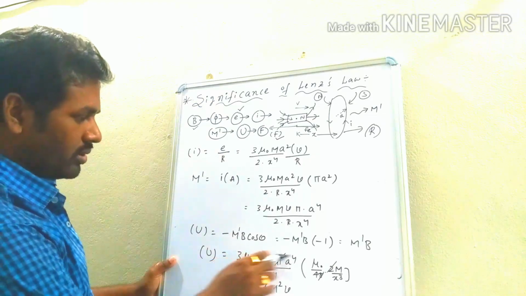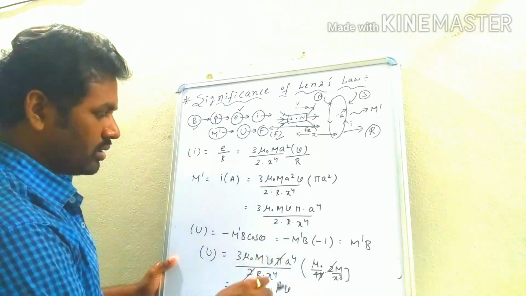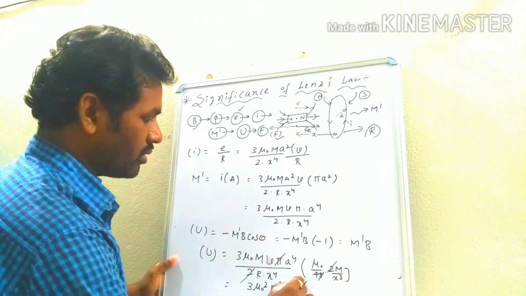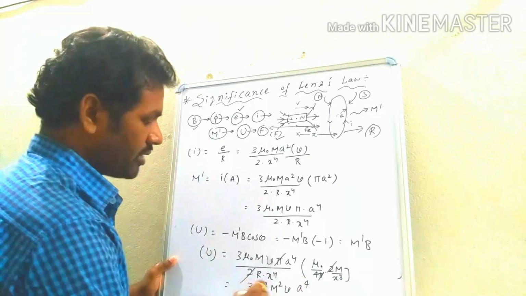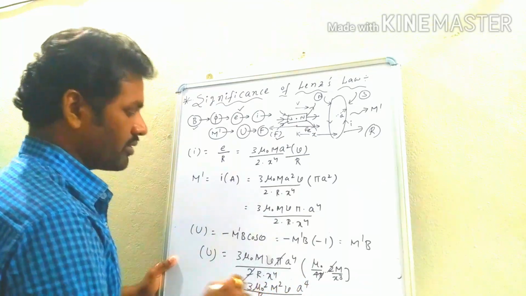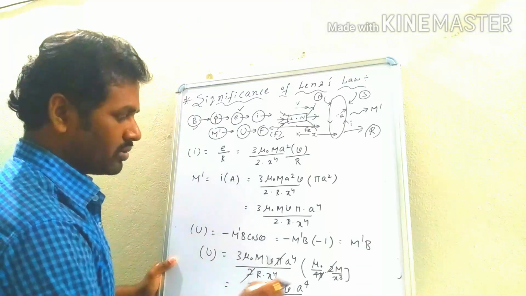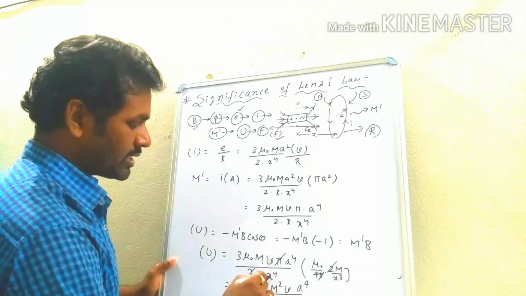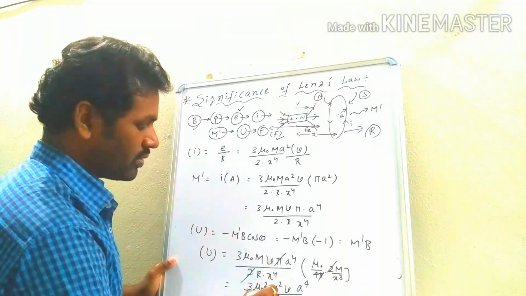So 3 mu naught square m square into v into a to the power of 4 divided by capital R resistance into 4 is there, and x power 4 into x power 3 is x power 7.